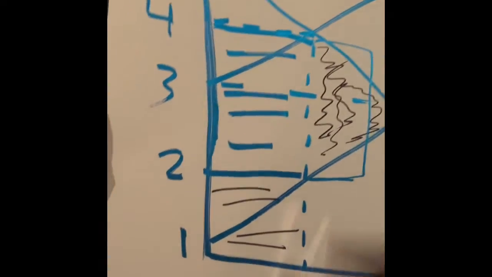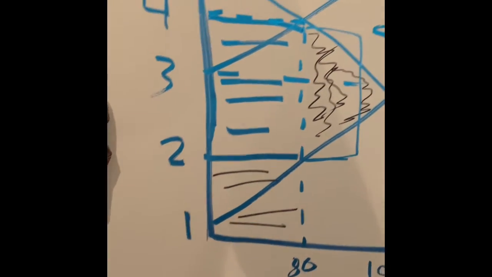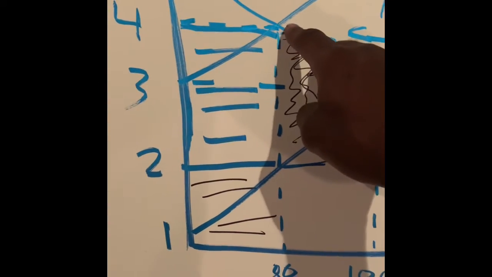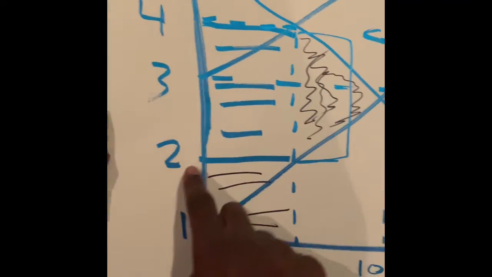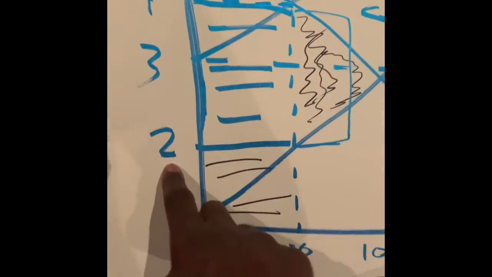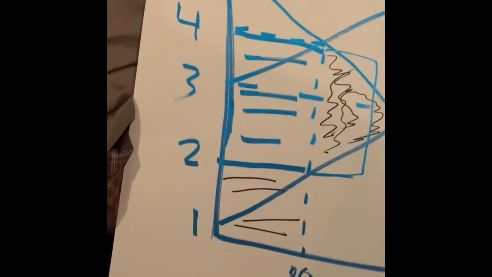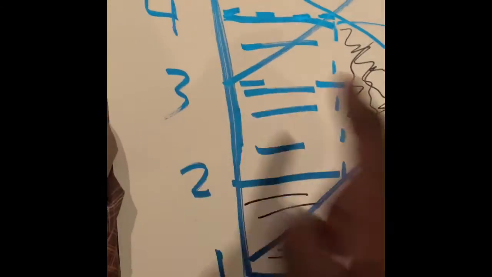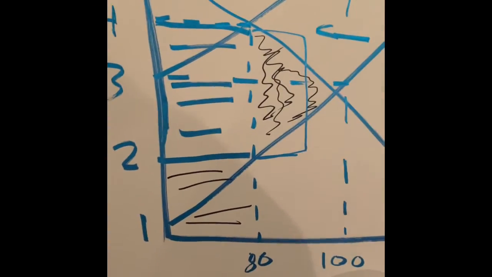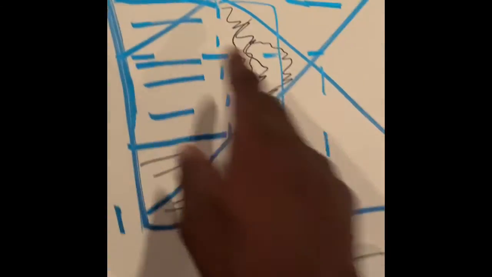Now, I get what you're saying. If it's a $2 tax, why did it only go up $1? Because it is shared. And you can tell how much is taxed by looking at the distance between the two supply curves. So here to here, you can tell that's $2. Now, if we take this $2 times 80, that's $160, and we get our tax revenue that the government is making.